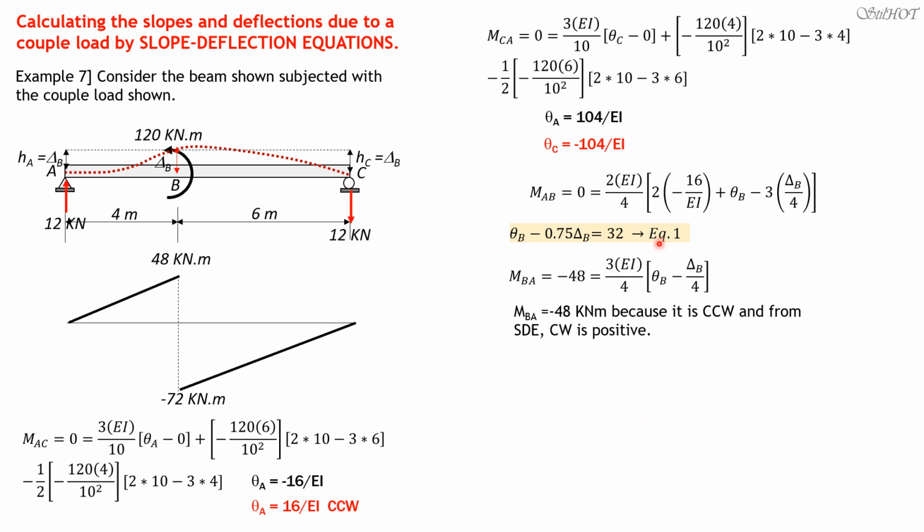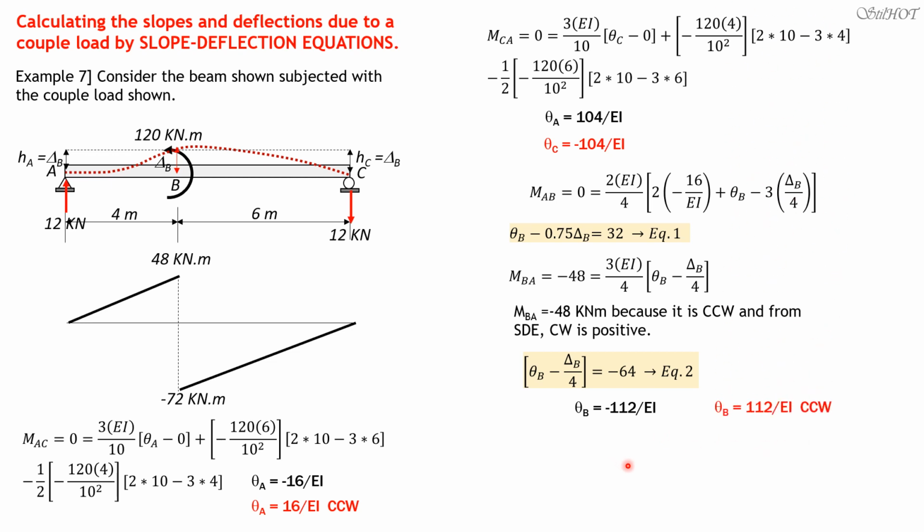Solving these two equations simultaneously, we get theta B by slope deflection equation, negative 112 over EI, wherein the meaning of negative 112 over EI is that it is counterclockwise. So theta B is positive 112 over EI. That's the final answer.